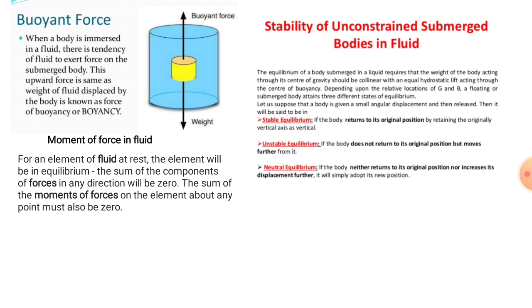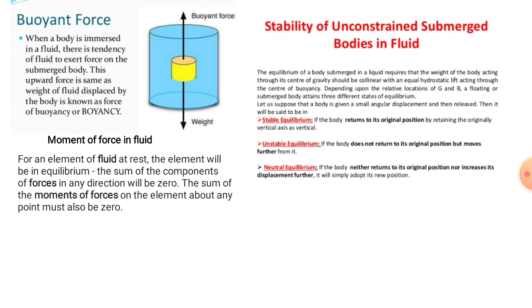Let us suppose that a body is given a small angular displacement and then released. It will be said to be in stable equilibrium if the body returns to its original position by retaining the originally vertical axis as vertical.